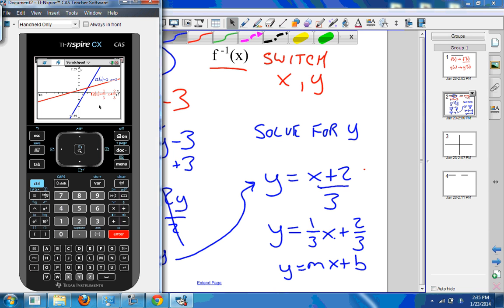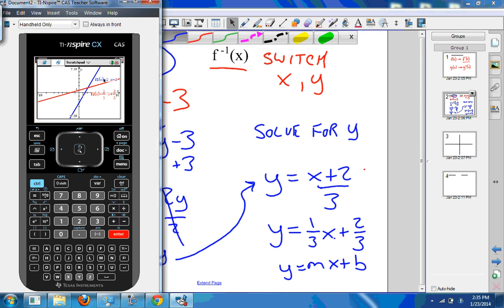So something special happens when we have inverses. Imagine a perfectly diagonal line going through 0, 0, 1, 1, 2, 2, 3, 3, all the way up diagonally and all the way down diagonally. It would be right in the center of those two lines at every point. You could fold these two lines diagonally over each other and they would meet.